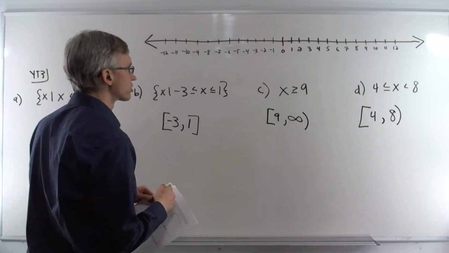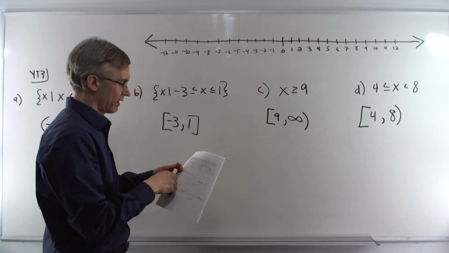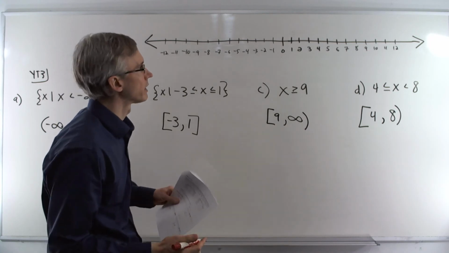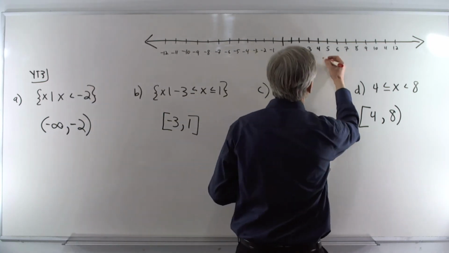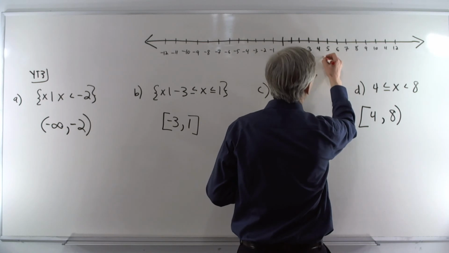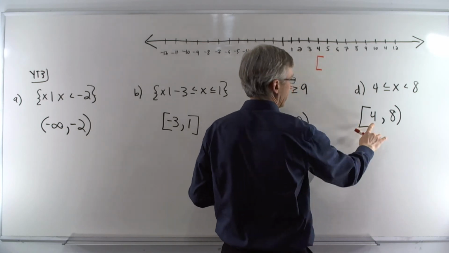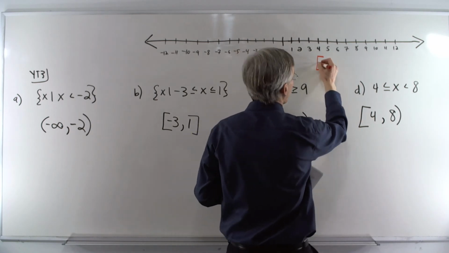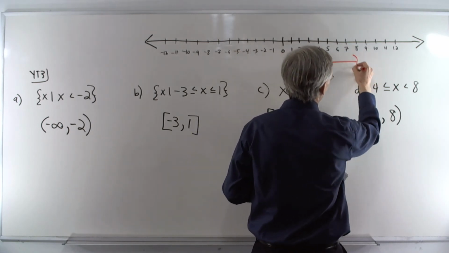And just a reminder, make sure you're drawing your graphs right on the graph. I'm just putting mine below it so I don't have to keep erasing this. All right, matching 4 on the left, we have a bracket here, going all the way out to 8 on the right, and a parenthesis there.